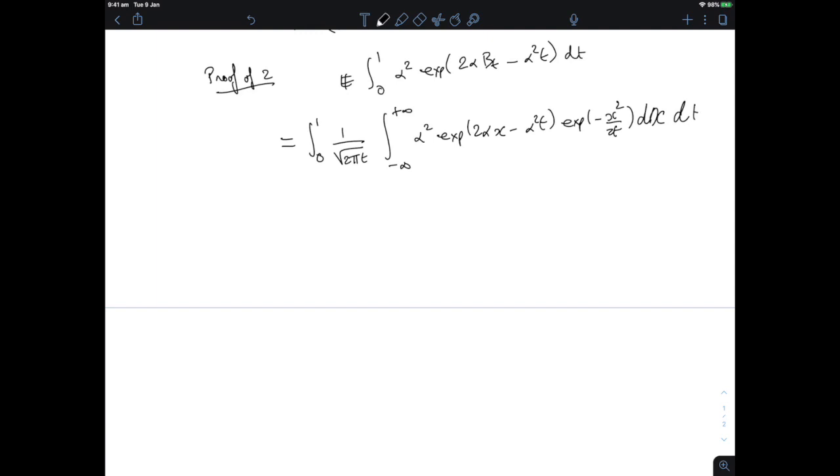That's because B_t is an N(0,t) variable.